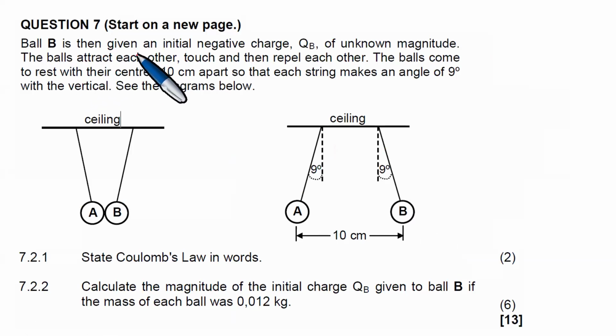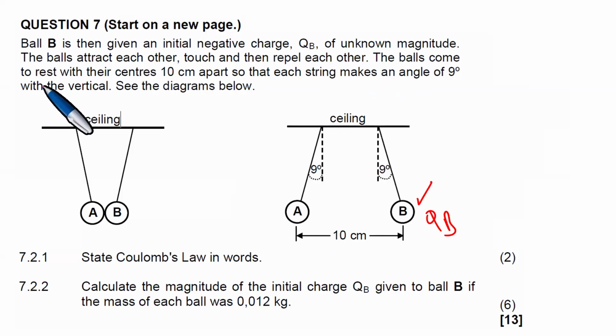Ball B is then given an initial charge QB of unknown magnitude. The balls attract each other, touch, and then repel each other.